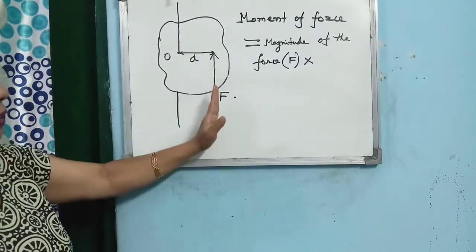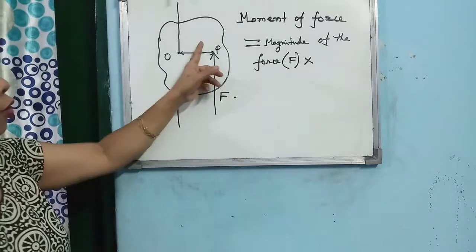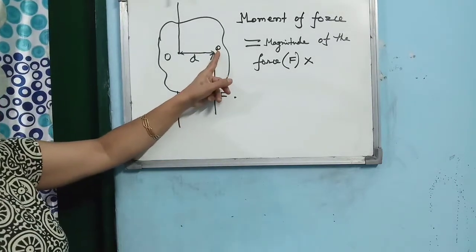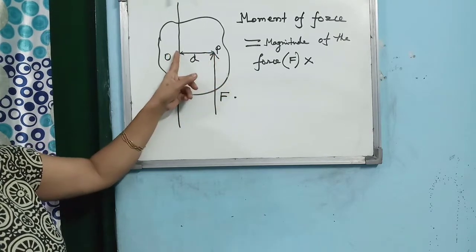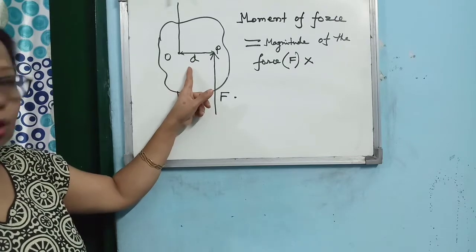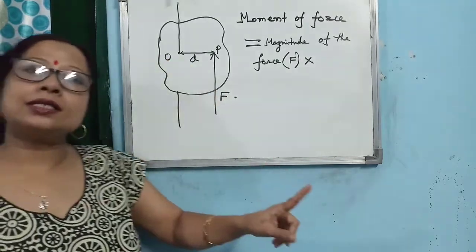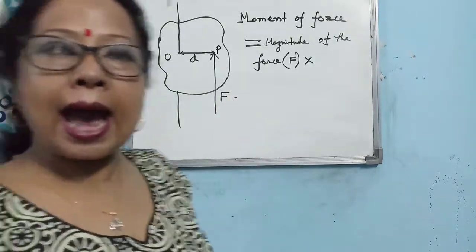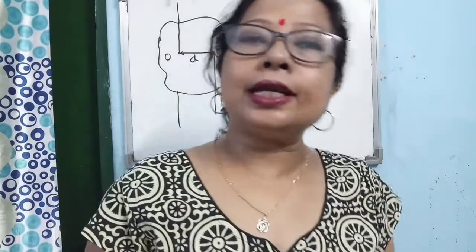You see here, I have applied the force at the point P. So what is the perpendicular distance of the point of application of the force from the axis of rotation? In the diagram I have denoted it by D. So the product of F and D is known as moment of force. And moment of force produces rotational motion.